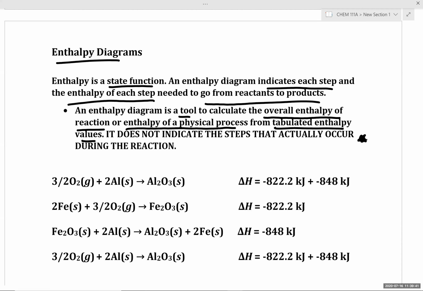In reality, the reaction can take an entirely different path, but it doesn't matter. We don't actually need to know the actual path the reaction takes. We only need to know the difference in energy between our initial and final states. And that is the beauty, that is the power of state functions.